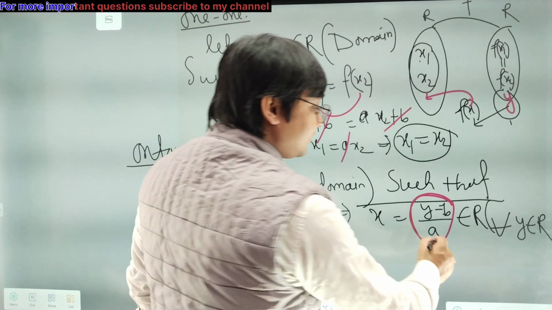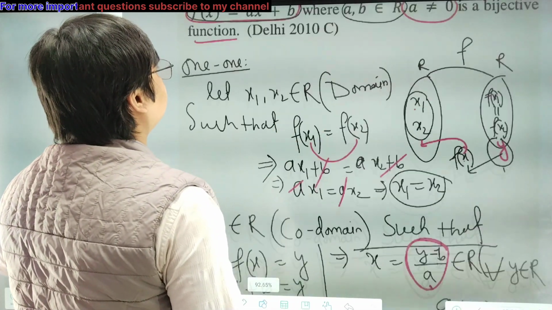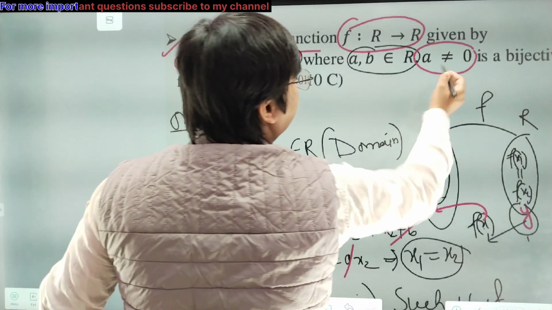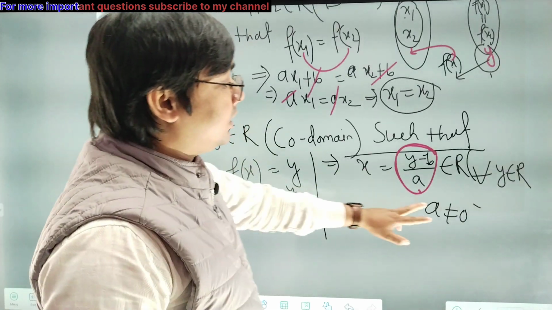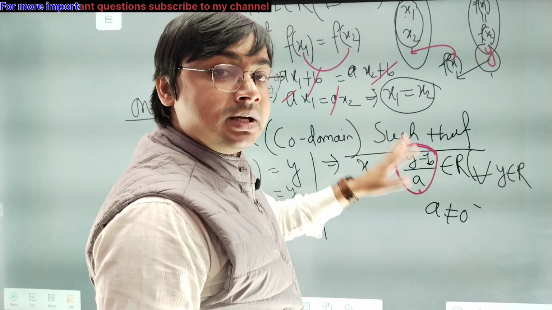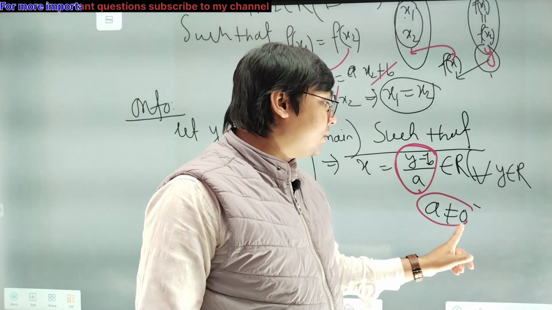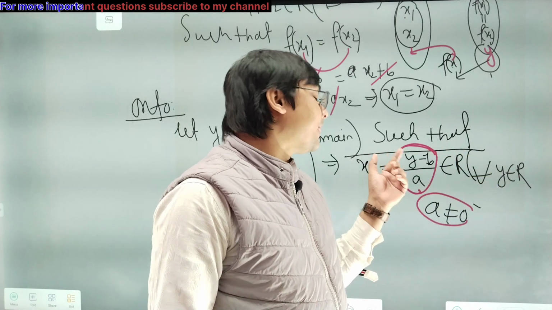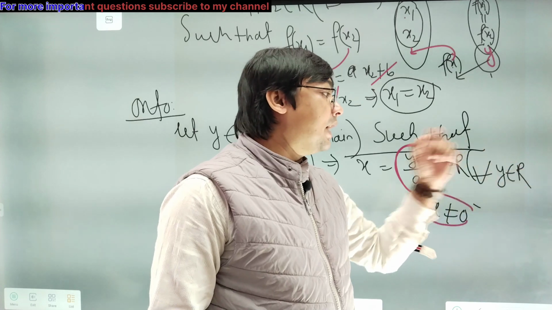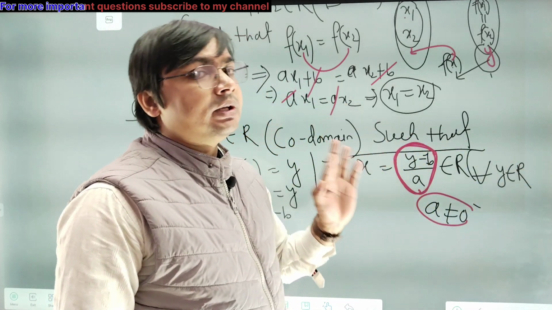And here you see a is not equal to 0, and this condition is given in our question. You see a is not equal to 0, because if a is equal to 0, then this will be undefined. But this is given, a is not equal to 0, and for a not equal to 0 and for any y belonging to R, this y minus b by a also will be a real number.